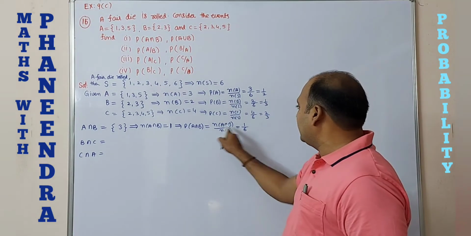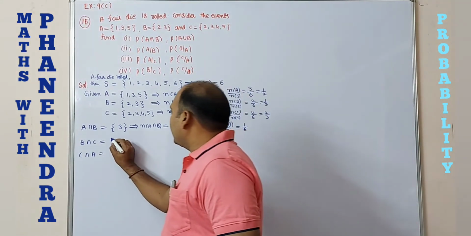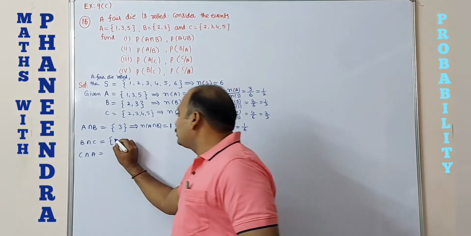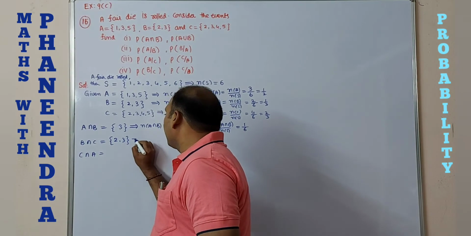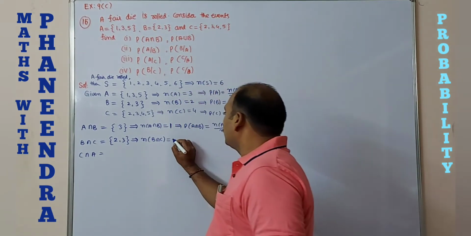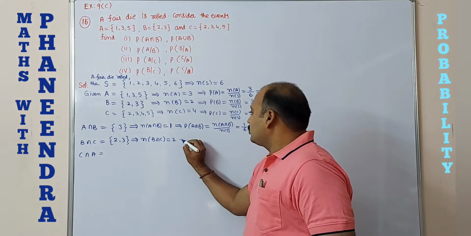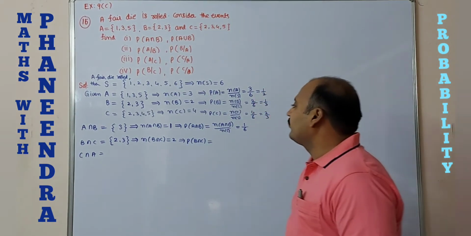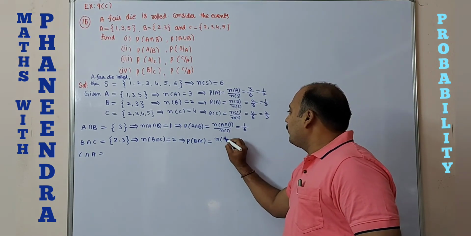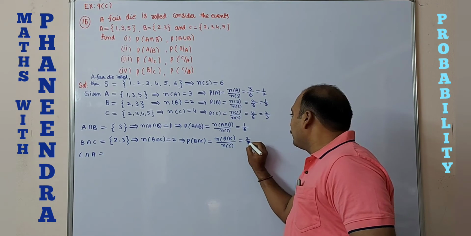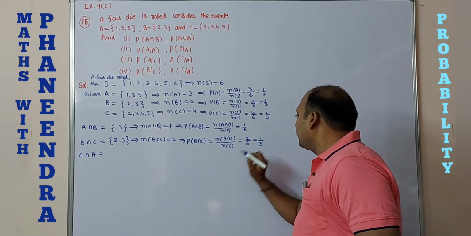P of A intersection B value is 1 by 6. Next B intersection C. 2, 3 are common numbers. So that implies that n of B intersection C, 2 elements are there. So P of B intersection C is n of B intersection C by n of S. So 2 by 6, 1 by 3.